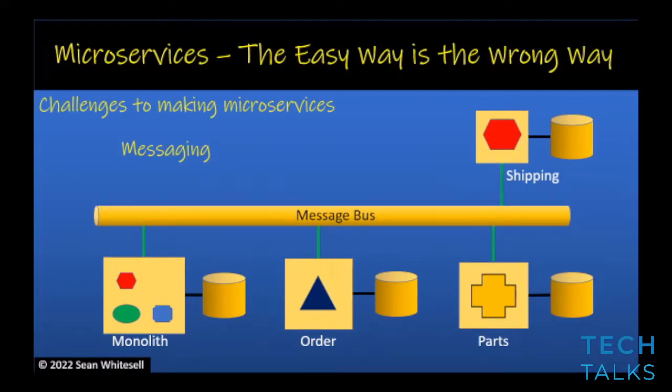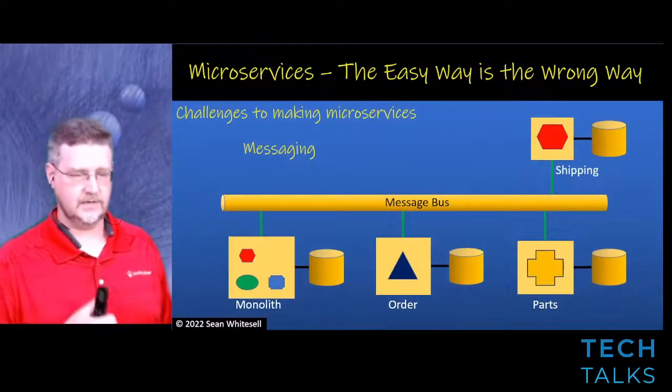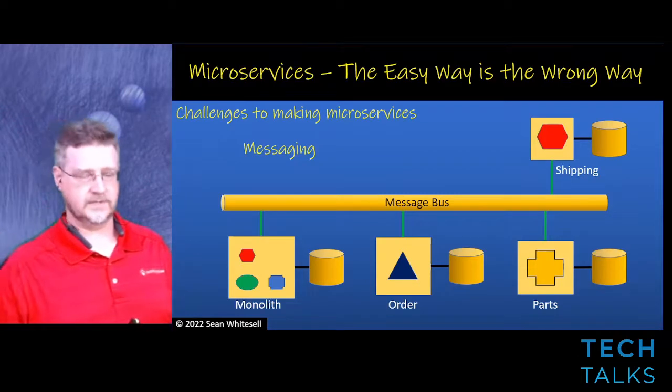So this message could go to the parts microservice that says, I need you to go and fix this typo. And you get to dictate the message that you have in the message format, etc. But the idea is that you can have the parts microservice reacting to that message that says, I need to go and fix this typo for this part.